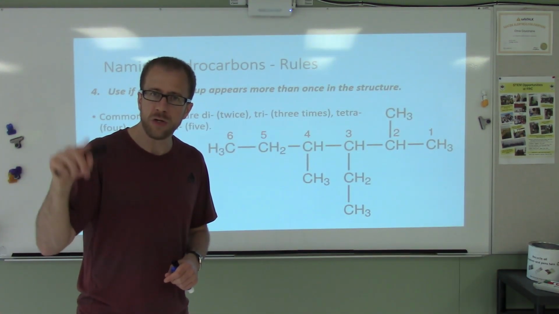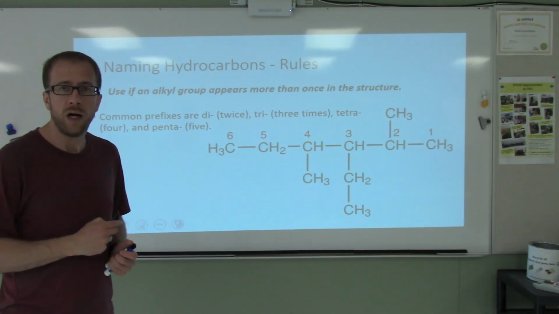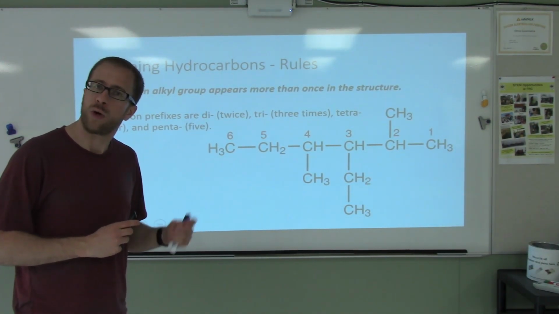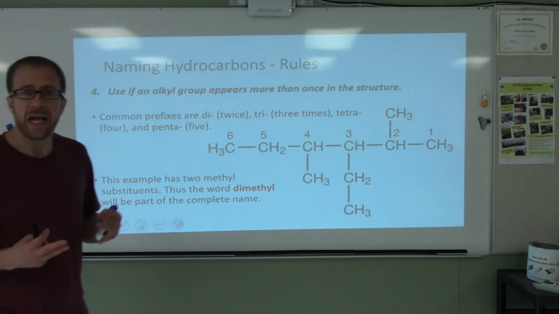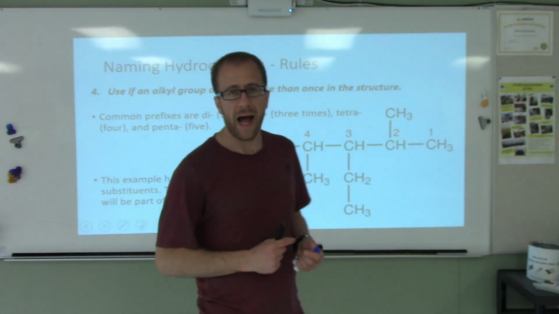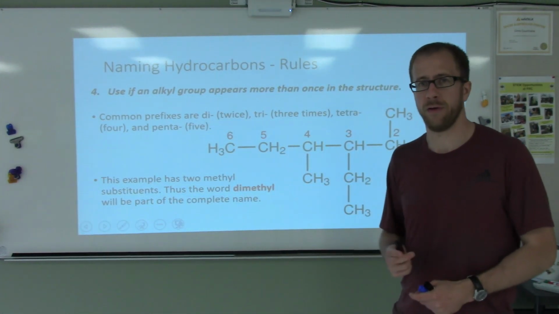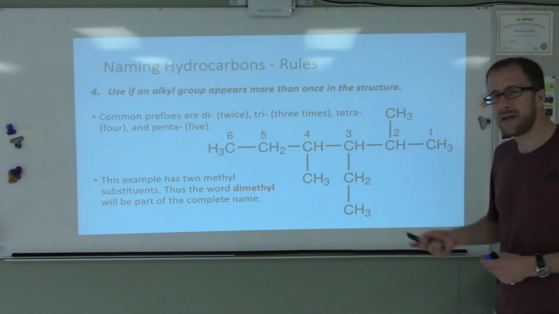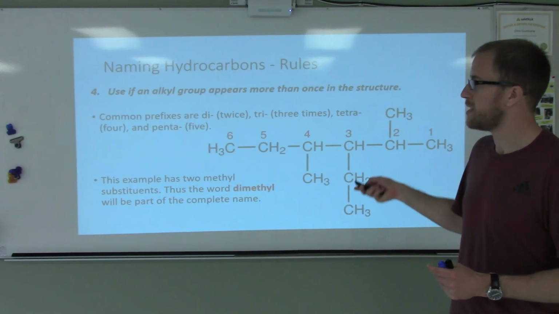You do need to use di there to represent that you have 2 methyl groups in the structure of your molecule. So if you go back to the name of this molecule, that's why it is 2,4-dimethyl. Whenever you have a substituent group repeated more than once, you must use these prefixes.